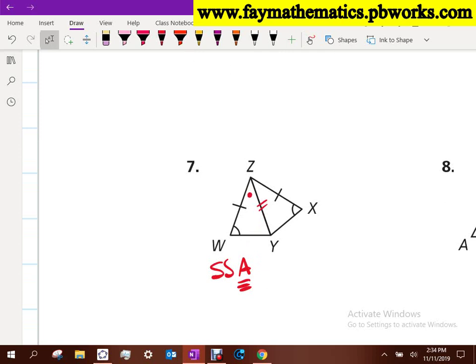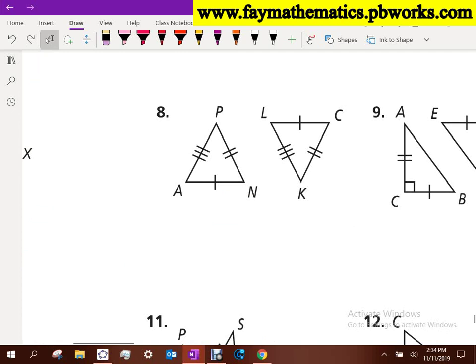The angle that would be between my two sides would be that angle there, right? So when I write the ordering of parts, I want to make sure that the angle is not between those, okay? I think we talked about this last week. I could write it that way, but probably shouldn't, right? Okay? Side-side-angle is not a congruency statement. So not enough information. What about 8?